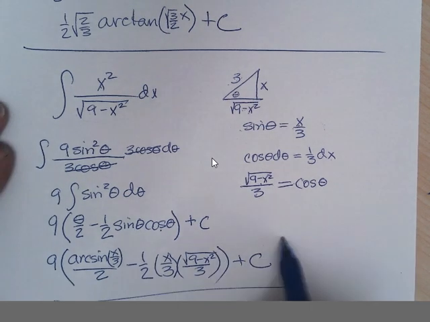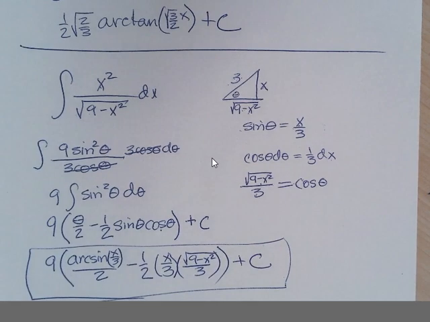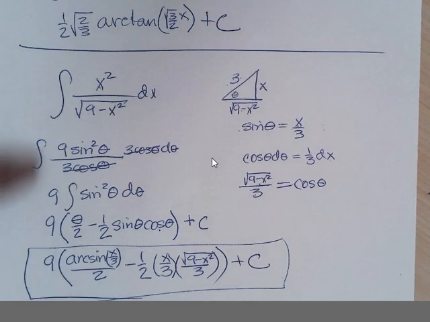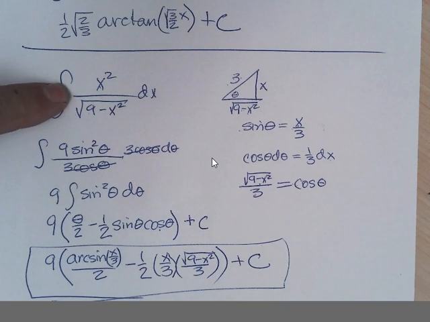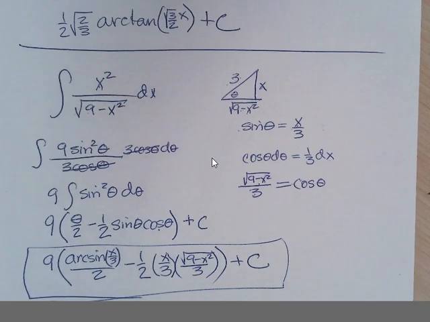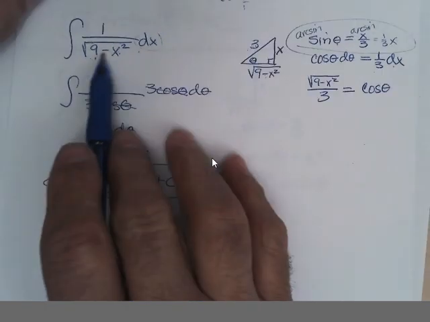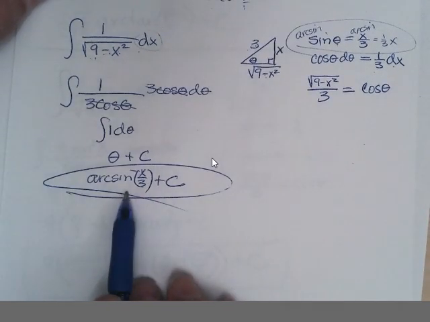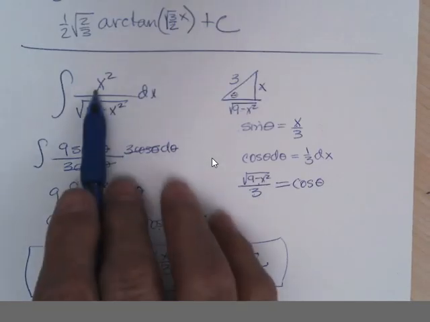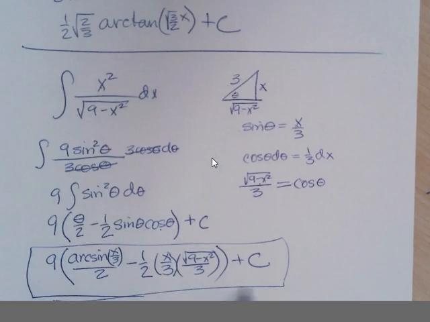And that is the messy, complicated antiderivative to this. Now, compared to where we just had 1 over 9 minus x squared, that turned out to be pretty simple. That x squared made it a whole lot messier.